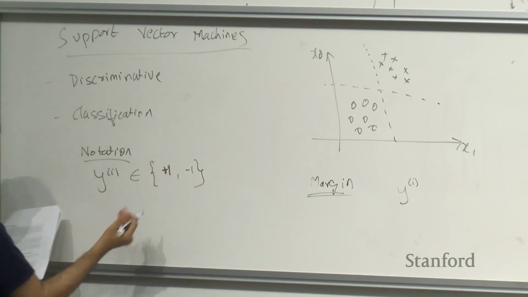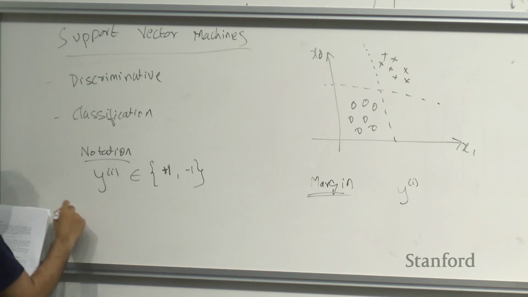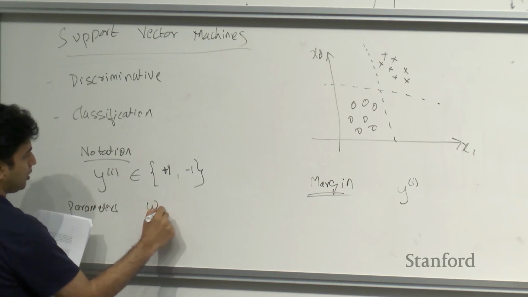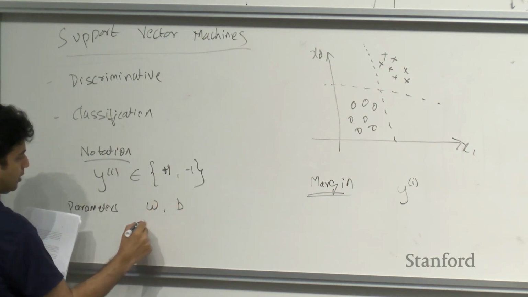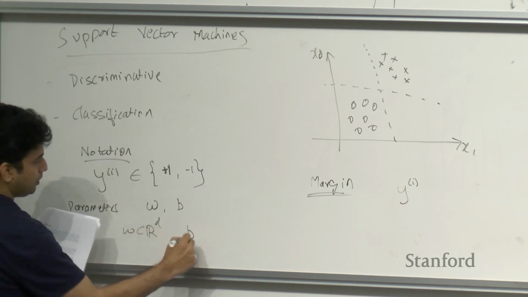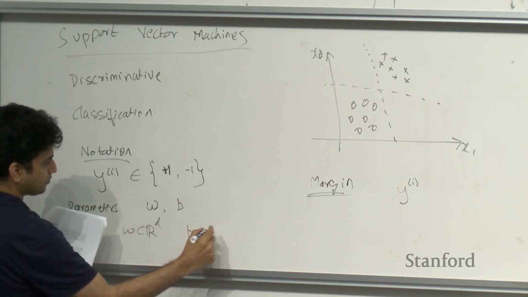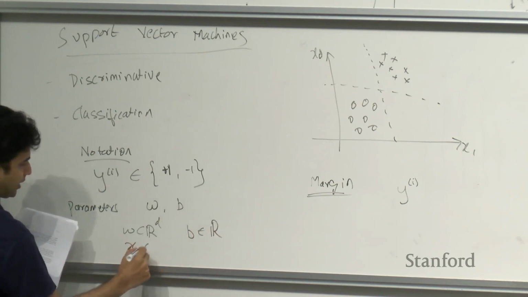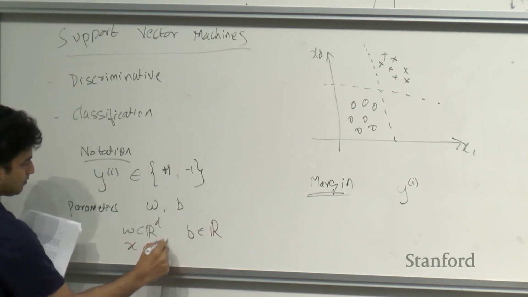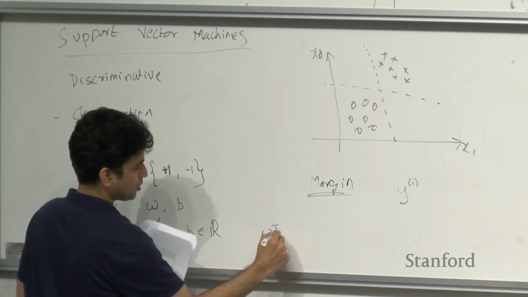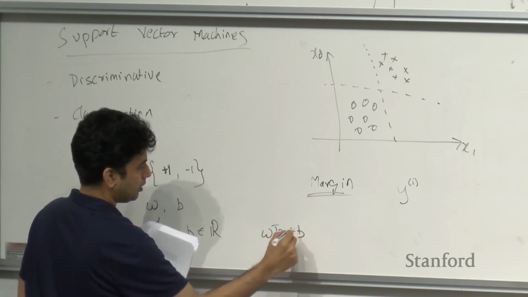We're just using different numbers to indicate different classes, and the parameters will be W and B, where W is in R^D and B is in R, and our examples X are also in R^D, and we make predictions with W transpose X plus B.